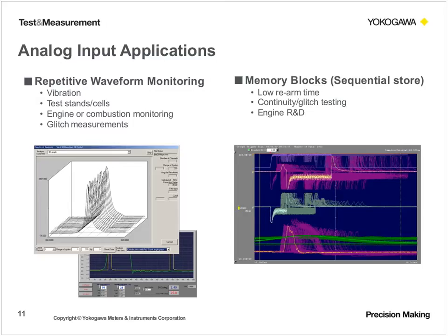So in those cases, a lot of the data acquisition devices on the market today will employ one of these two architectures, whether it's repetitive waveform monitoring in a chart recorder, or maybe you have a memory block which acts more like a scope, and you can save these waveforms over time.